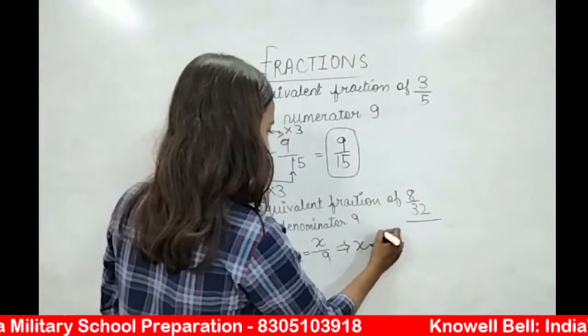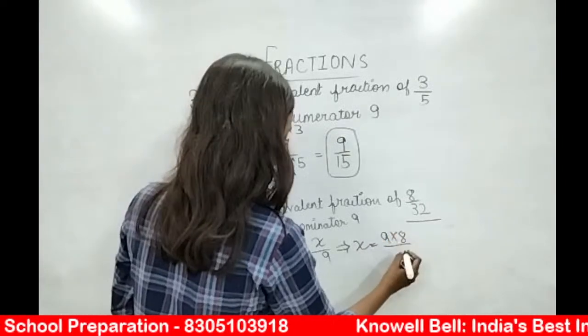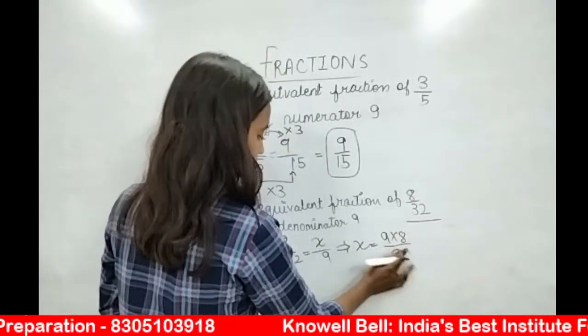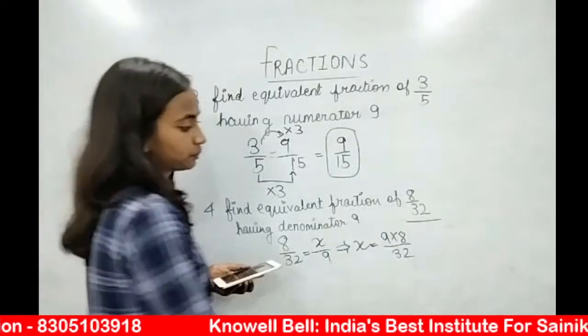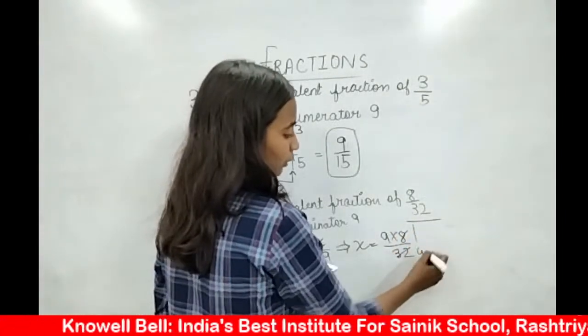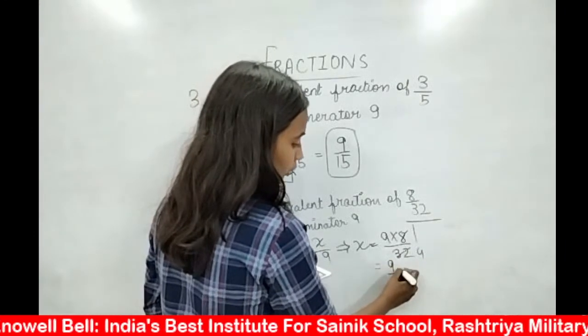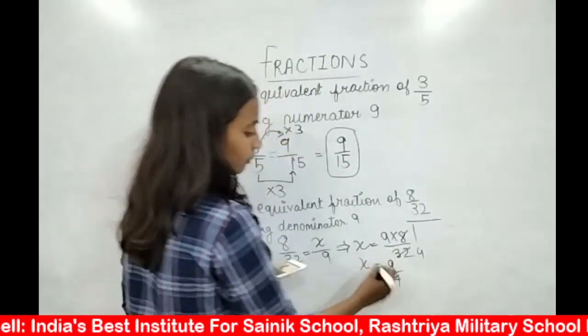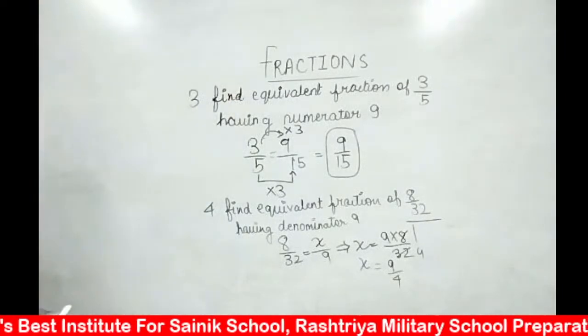x would be equal to 9 into 8 by 32. 8 ones are 8, 8 3s are 24, 8 4s are 32. So the value of x would be 9 by 4. So what will be the numerator?